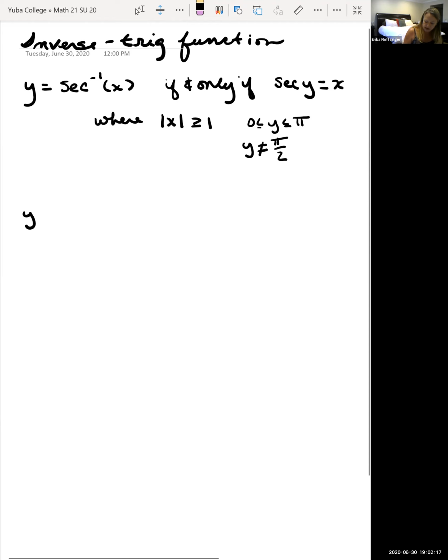If you're thinking of cosecant inverse of x, this is if and only if, well, if we took the cosecant of both sides, the cosecant of y is equal to x.